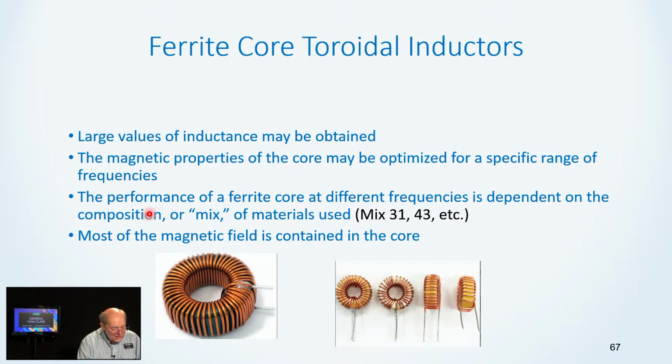The performance of a ferrite core at different frequencies is dependent on the composition or mix of the materials used. So you'll see terms like mix 31, mix 43, mix and so on. There's probably a dozen of them or more, all used in different design applications. And another interesting fact, most of the magnetic field is contained in the core. That's the reason that they tend not to couple to other locations on the circuit board.